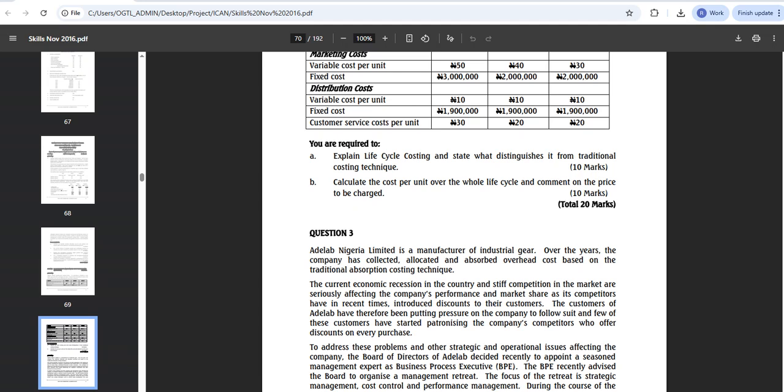Let's say, for instance, in terms of cost, what are the costs that life cycle costing focuses on that other traditional methods might not? For instance, I believe pre-operational expenses, many of us only saw it in our FR.